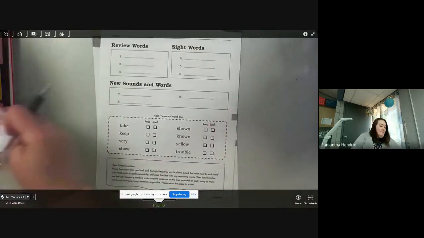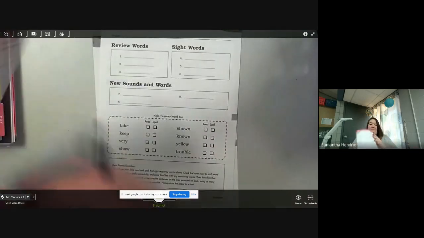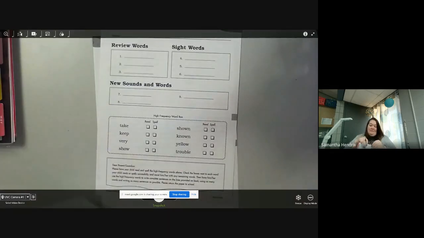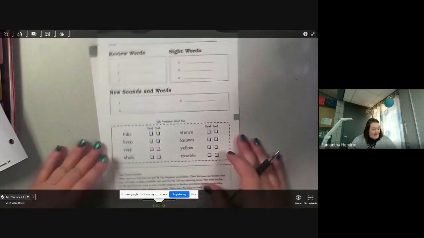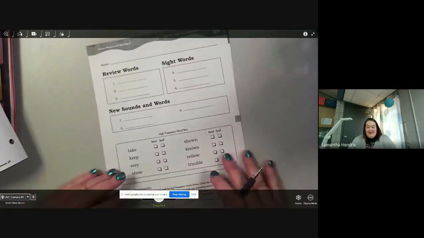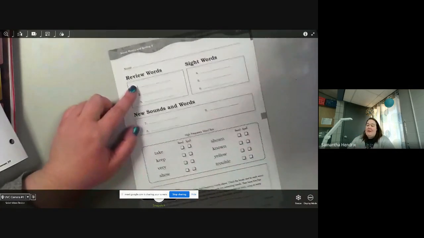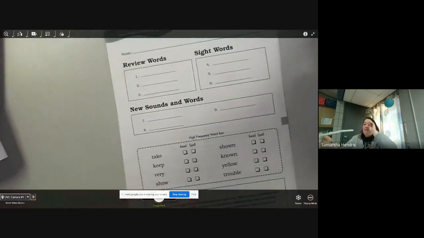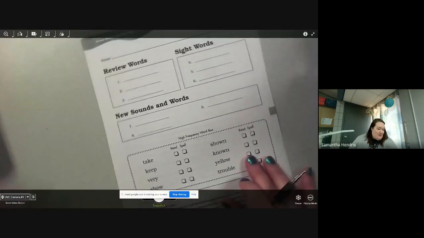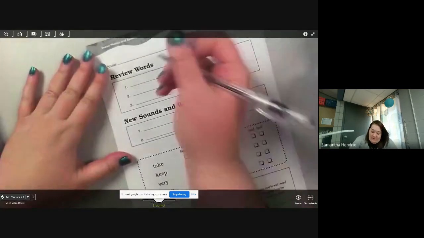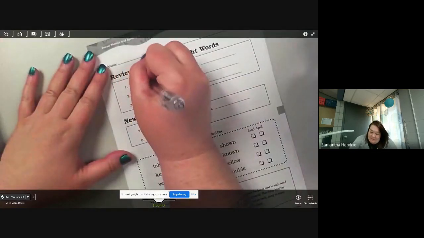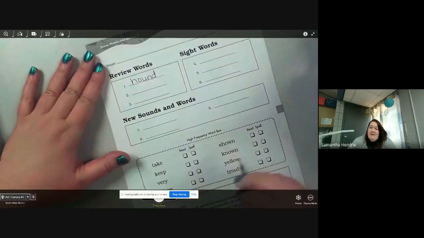Let's look at our review words. I did not highlight, so let's see how this goes today. Review words. Hound. Ow. Remember what says ow? Our O-U. Hound.